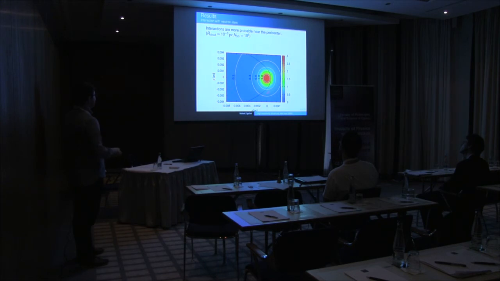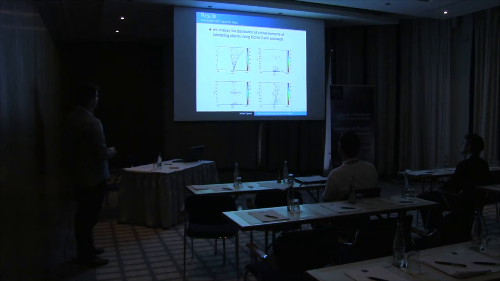This is an illustration of interactions for a steep cusp. In general, interactions are more probable near the pericenter, where for optimistic scenarios about 3 neutron stars can reside inside the cloud. Then we also analyze the distribution of orbital elements of interacting objects using a Monte Carlo approach.